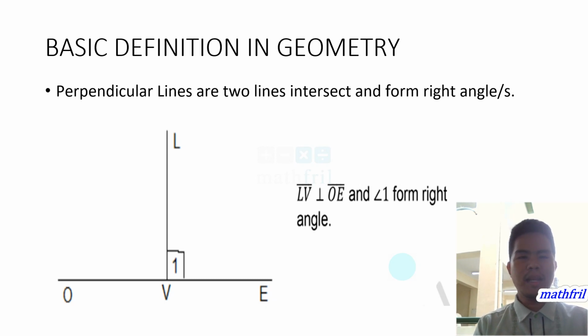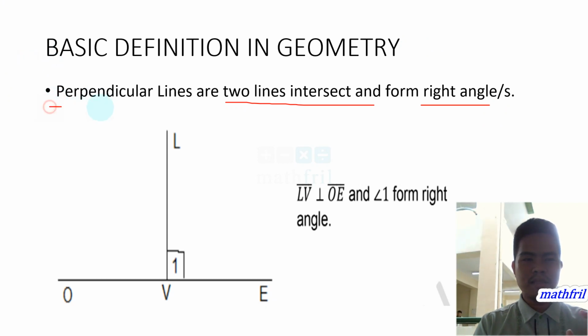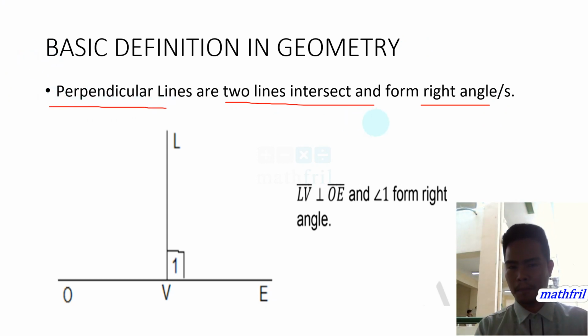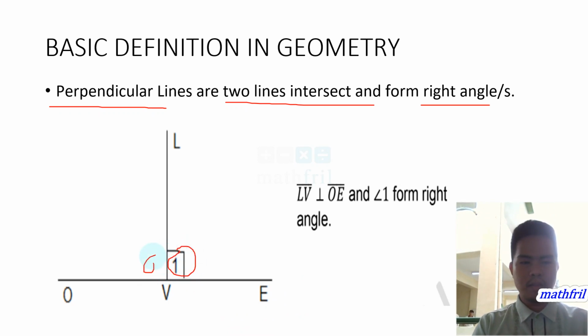Perpendicular. Perpendicular lines are two lines that intersect to form right angles. Again, right angles. This is very crucial here. Perpendicular lines can form two right angles. For example, here is right angle 1 and here's 1. So the line LV is perpendicular to the line segment OE.